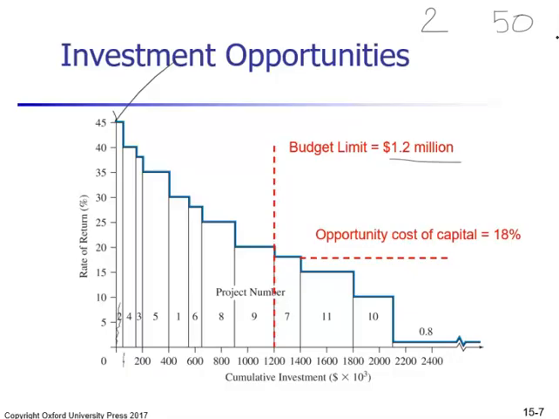So what is the next one? The next one is project 4. Project 4. How much money does it need? 100,000. So the cumulative investment would be 150. And what is the return of this project? As you can see, it is 40%.